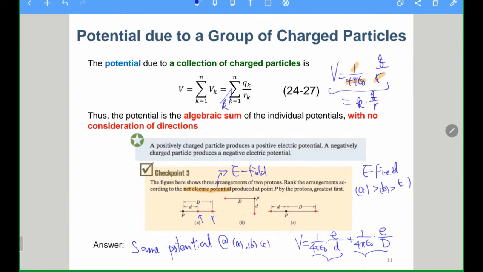So here the k is missing for equation 24.27.